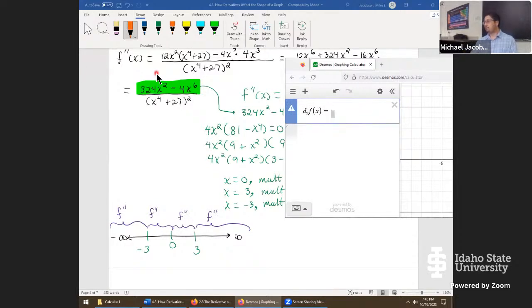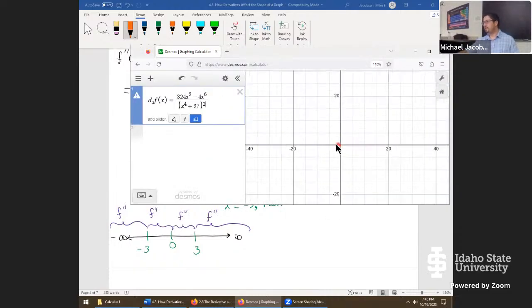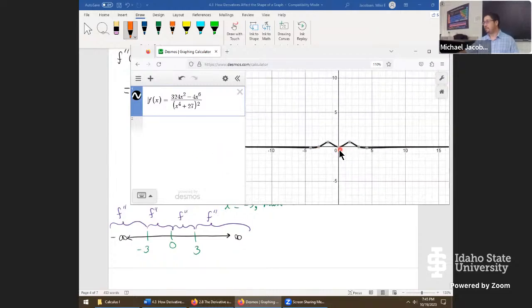It's 324x squared minus 4x power 6, and the whole thing is divided by, that needs a parenthesis, x power 4 plus 27 squared. So that's our function. Did it even plot? Oh, they don't know what the D2 means on here. I'll just call it generically f of x, so it's not too concerned.